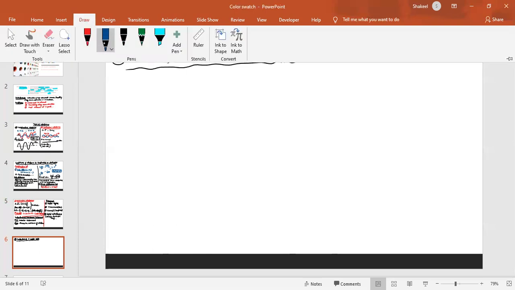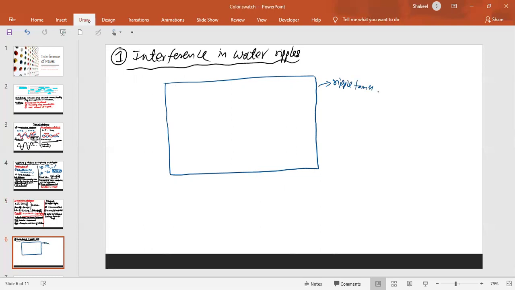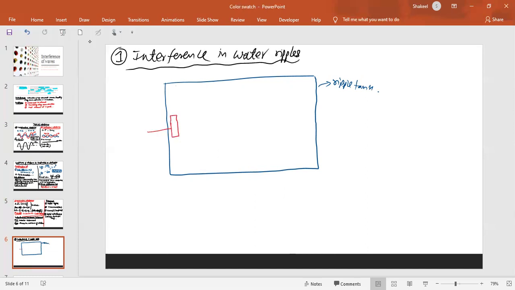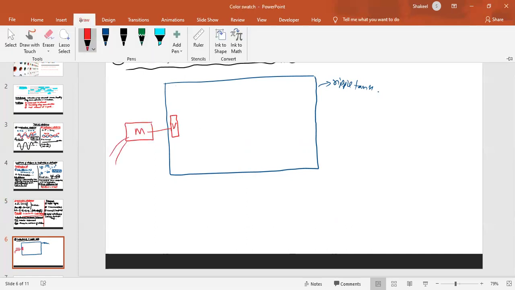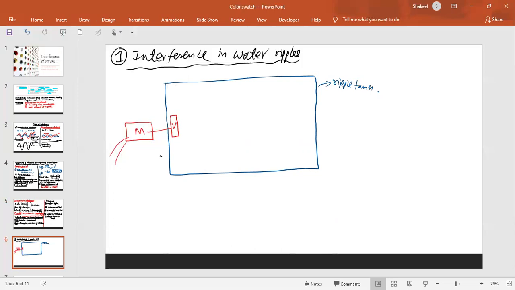Let's say we have this ripple tank. Okay, and then there is one vibrator and the motor is over there.